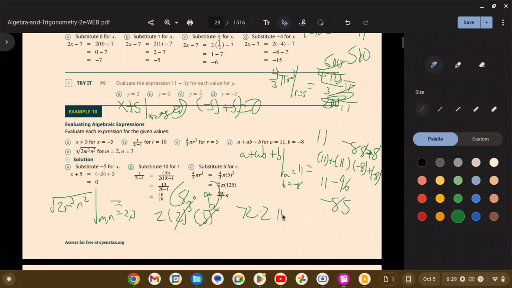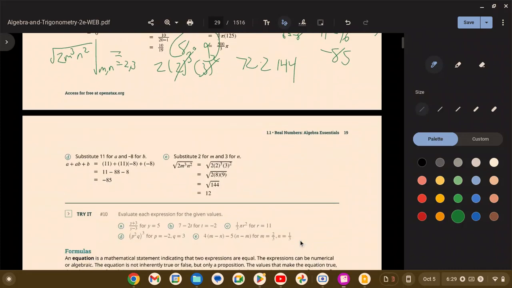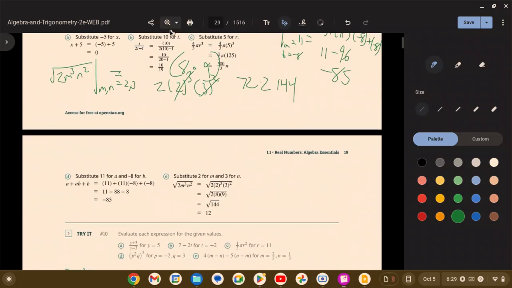Times 2 is 144. Square rooted, 12. Nice.